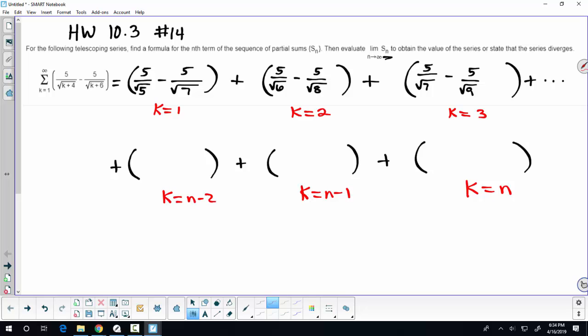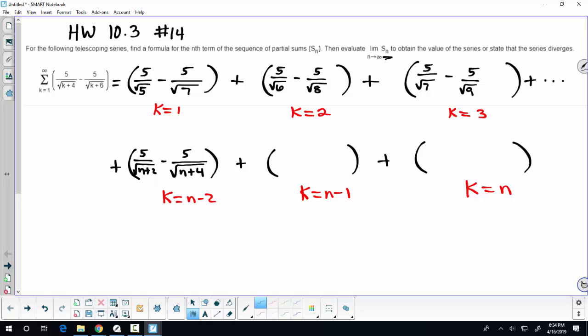It's really up to you how many you need to look at, or the series rather, how many you actually need to look at. Okay, so when k is n minus 2, we have 5 over square root of n plus 2 minus 5 over square root of n plus 4.